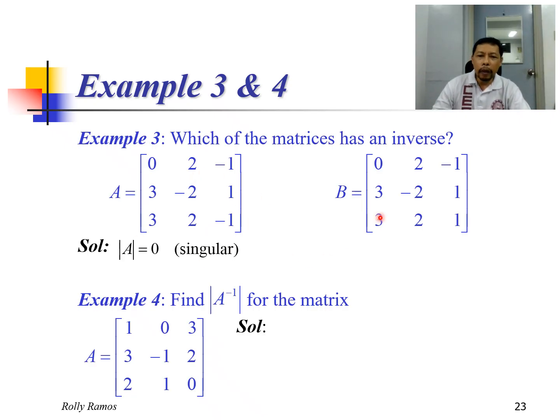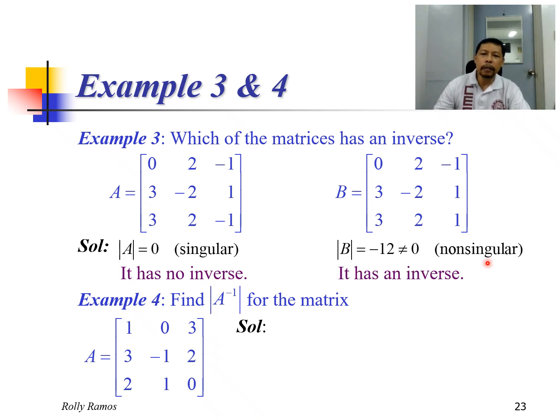While for B, its determinant is not equal to 0, therefore it is non-singular and it has an inverse. A has no inverse. Okay. For the following matrix, find the determinant of the inverse of A.